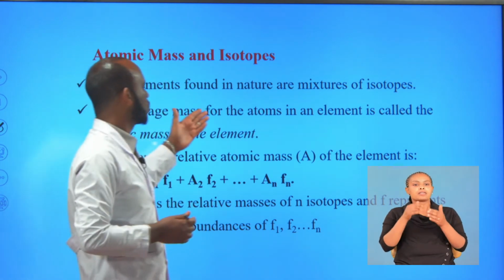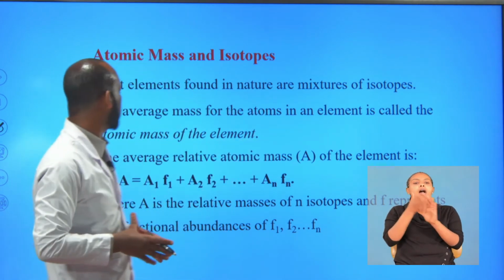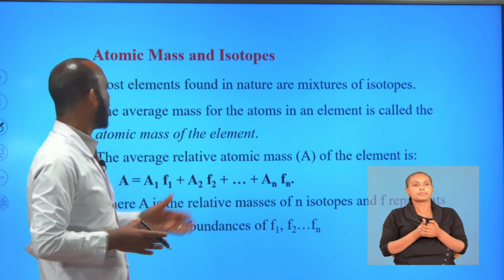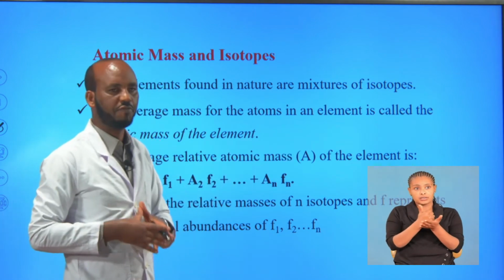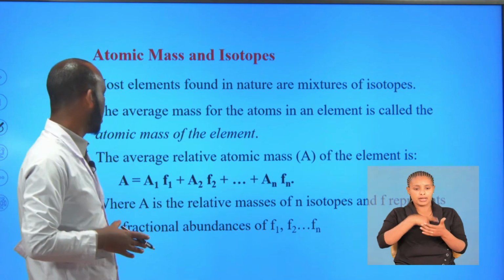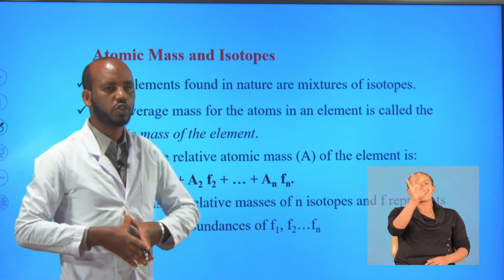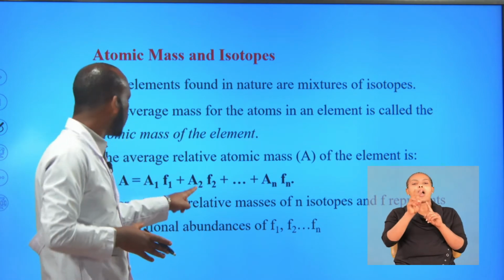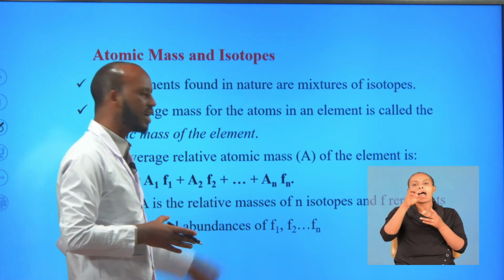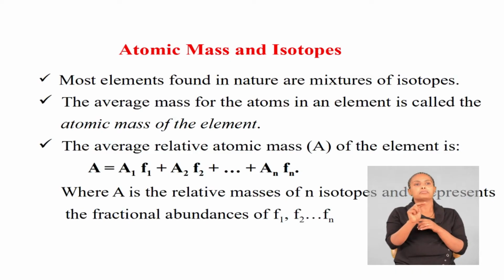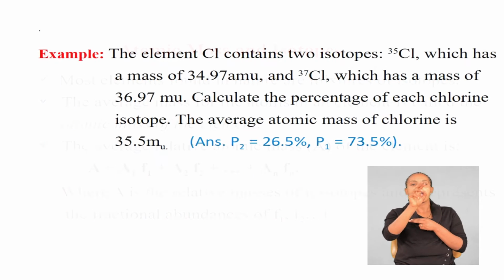The average mass for the atoms in an element is called the atomic mass of the element. The average relative atomic mass of an element is given by A1 times F1, the percent abundance 1, plus A2, the atomic mass of isotope 2, times percent abundance 2, plus An, the atomic mass of isotope n, times percent abundance n.